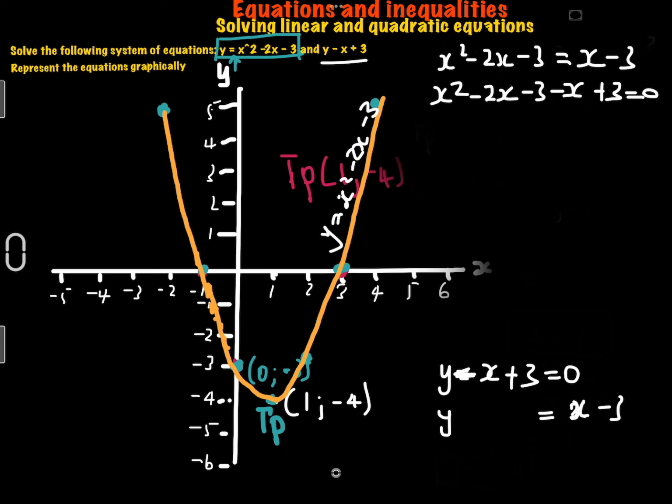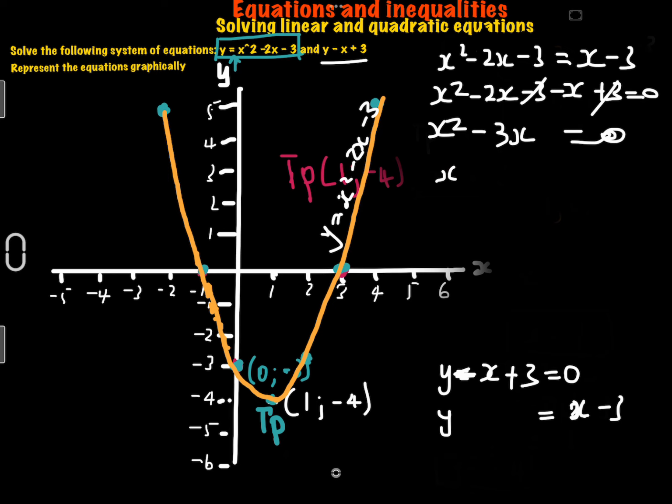I want to find the value of x where the parabola and the linear equation intercept. So x squared, then we have negative 2x and negative 1x, so we have negative 3x. Notice these cancel out because negative 3 plus 3 gives us 0. So I remain with x squared minus 3x.